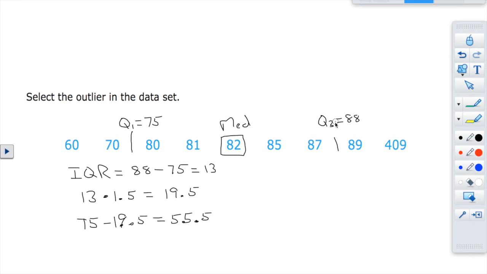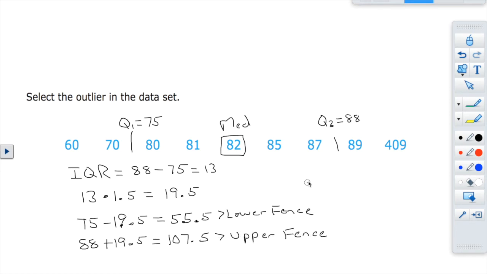Now I'm going to take my upper quartile, or Q3, 88, and add 19.5. And that's going to give me 107.5. This is now called my lower fence. This is my upper fence.